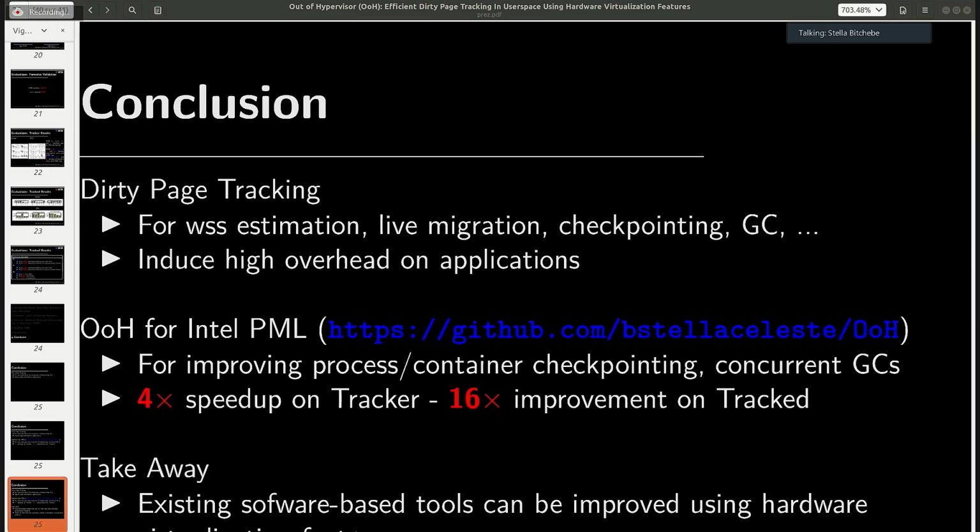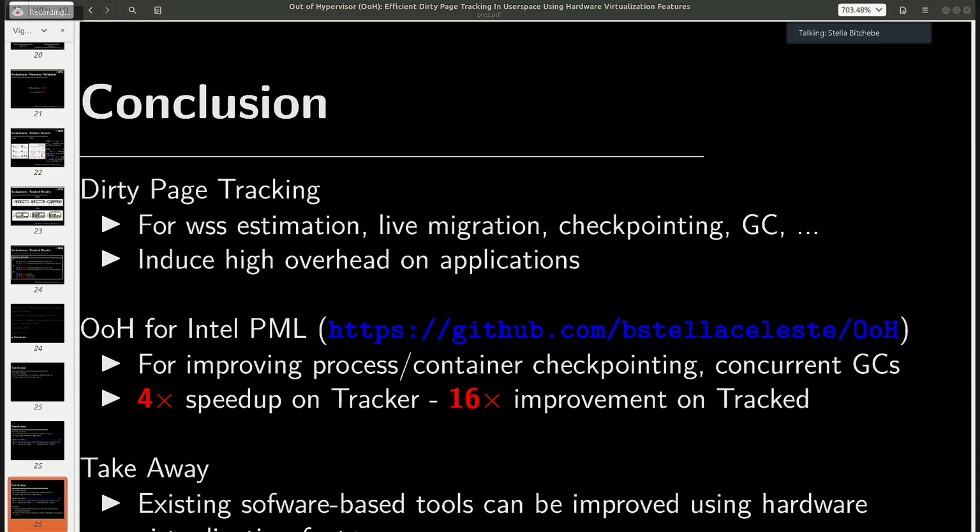Thank you for the question. Exactly, one of our ongoing works is to also leverage those hardware virtualization features in bare metal environments, meaning in non-virtualized environments. And so we aim to also give direct access to the processor for applications that run without the hypervisor.